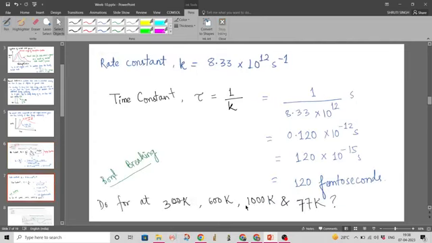You can quickly do these calculations and then check yourself how this reaction is temperature dependent, and obviously it is based on the activation energy, because we are taking the activation energy here to be 0. If it is not 0, the reaction will be even slower and it will take more time.